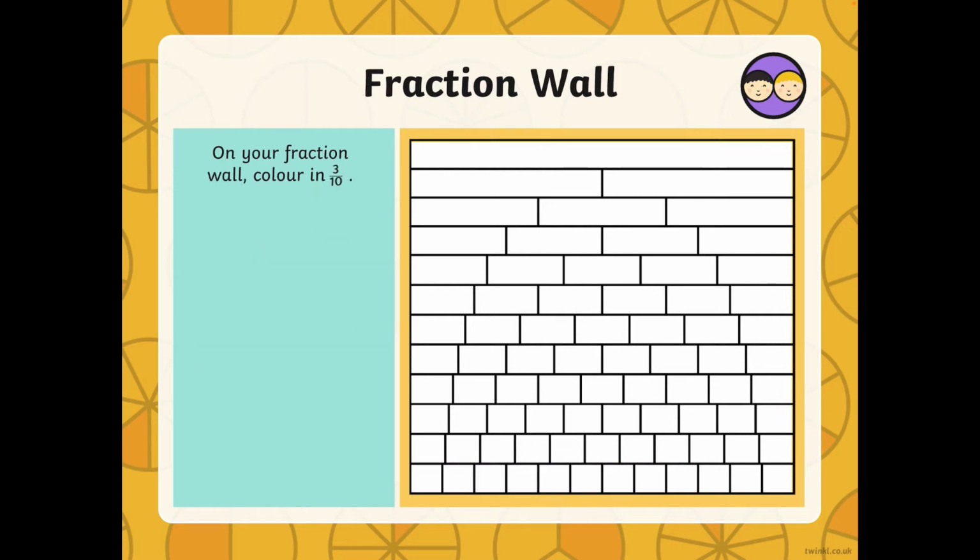Right, next, can you colour in 3/10? Well done. And on your fraction wall, can you mark another 2/10? You can just shade that in quickly. Now you should be thinking, how many tenths do you have altogether?